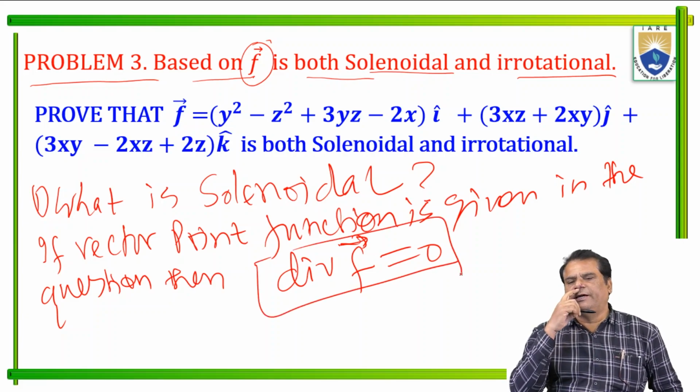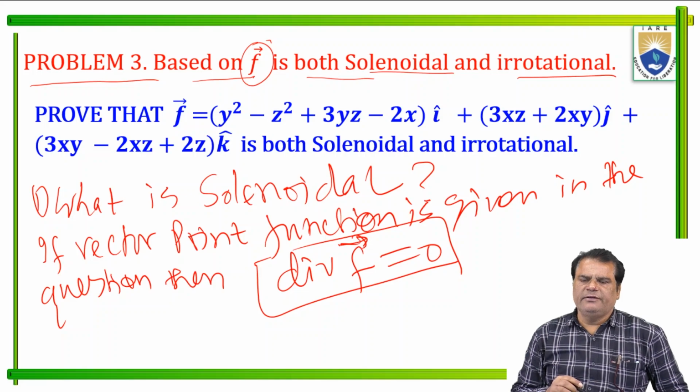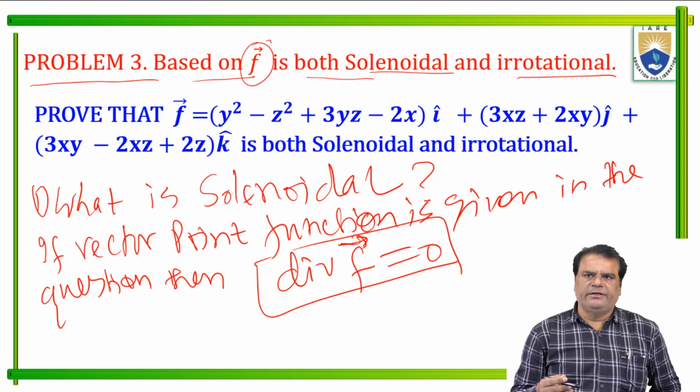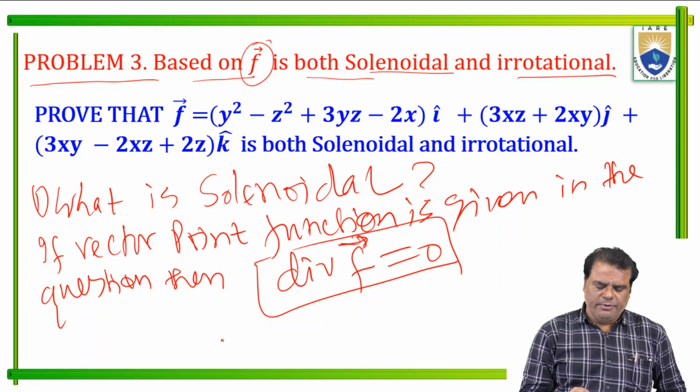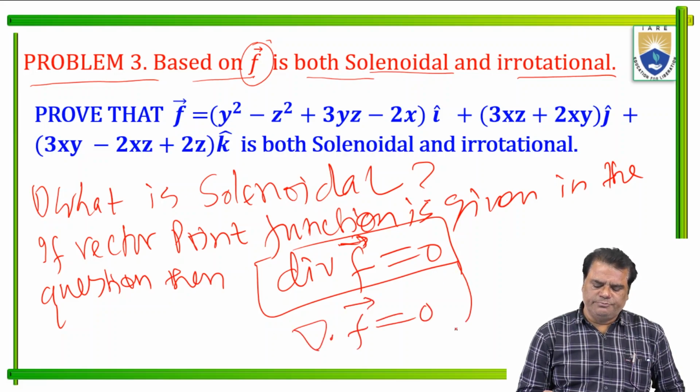If this property is verified by the vector point function, then that vector function is known as solenoidal, or del dot f vector must be 0.